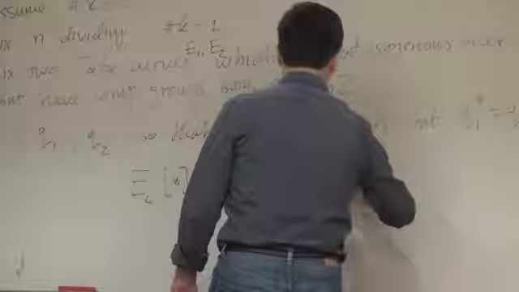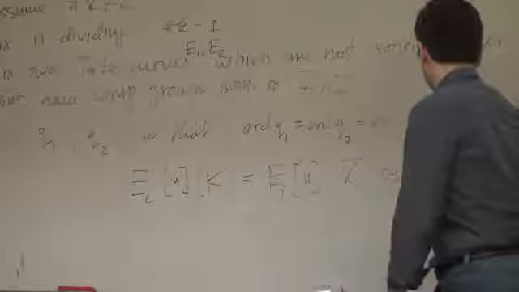And now, under these assumptions, you get that for these two curves, E1 and E2, the n-torsion is K-rational. Non-canonically you can split it like this.